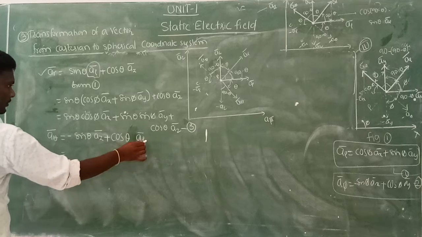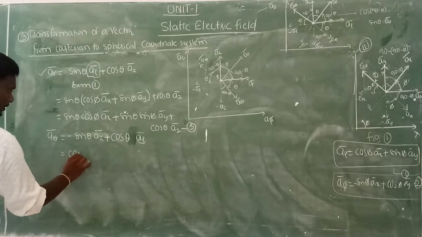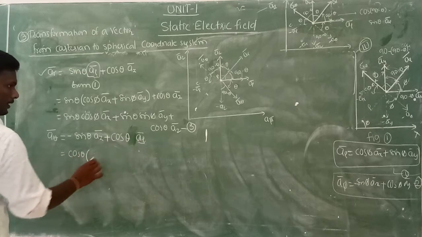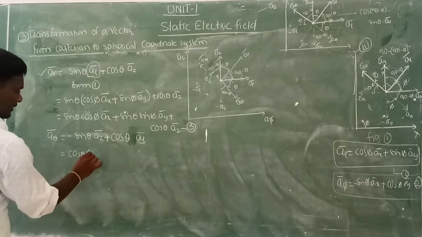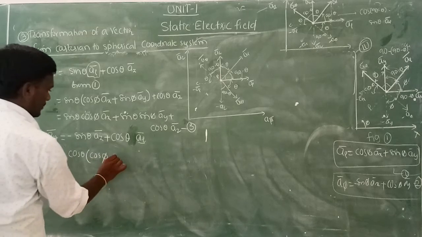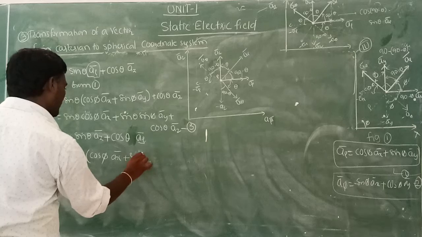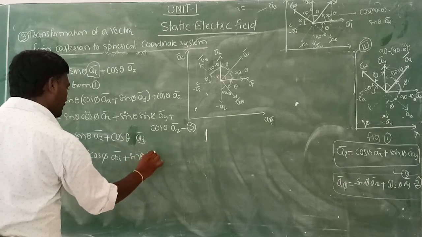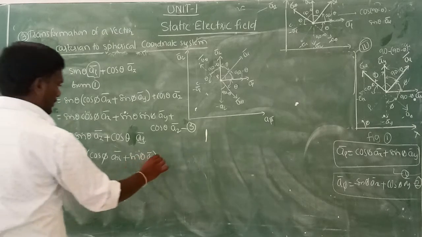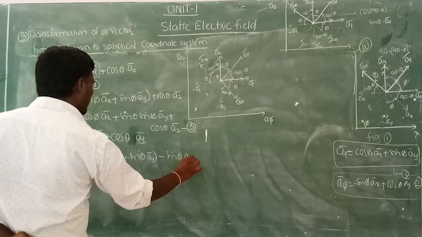So now again I am substituting a rho bar value in this expression. So cos theta into what is a rho bar here? It is cos phi ax bar plus sin phi ay bar, minus sin theta az bar.